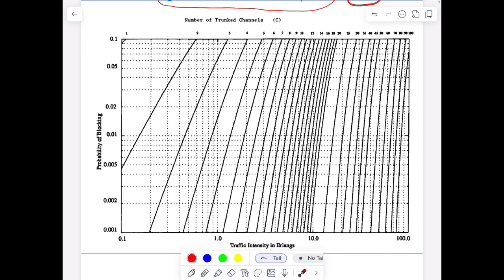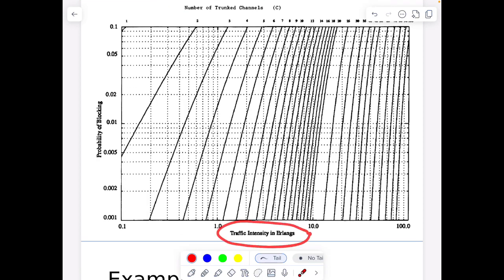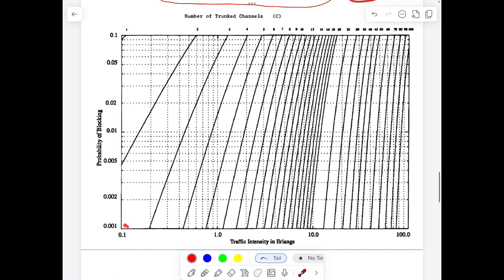So what is this chart? You see that the x-axis is traffic intensity. So this is A in terms of Erlang. You look at this: A equals 0.1, 1, 10, 100. So this is in log scale.